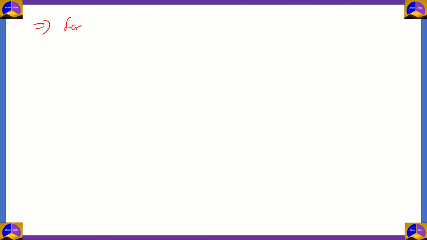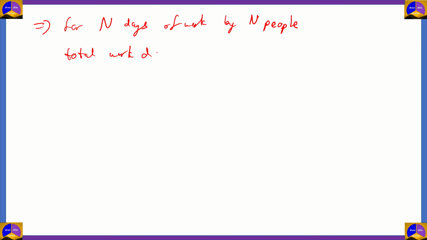So the formula, this is a general formula that works for this kind of situation. For n days of work by n people, the total work done is equal to n times n plus 1 into the work done, which is W, over 2.